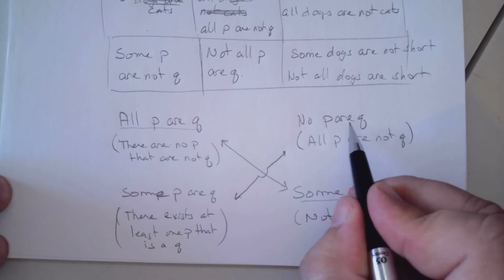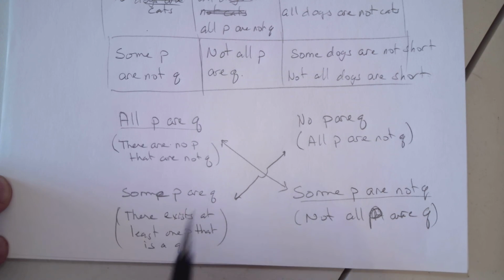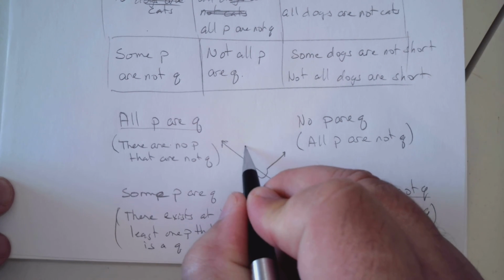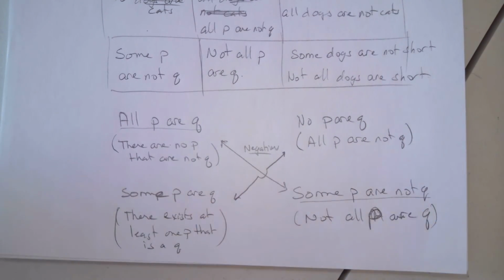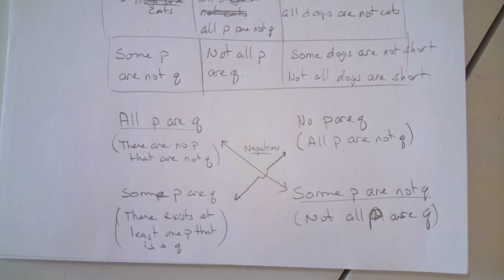The negation of no P are Q is that some P are Q. So these are the negations, the opposites of them. Alright, now we'll start doing the homework.